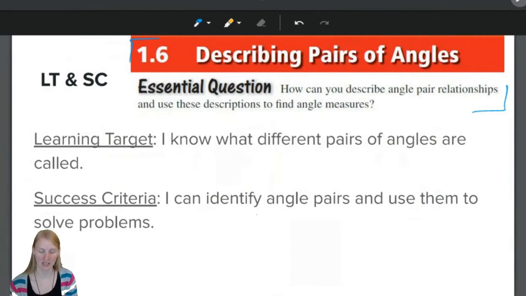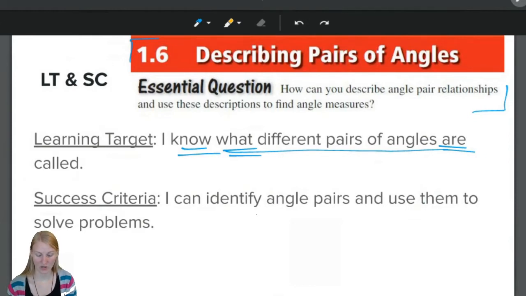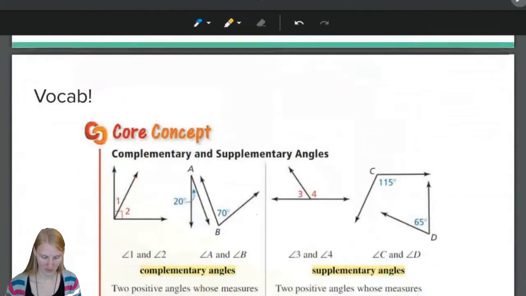So your learning target is that you know what different pairs of angles are, what they are and what they're called. And the success criteria is that you can identify angle pairs and use them to solve problems. So identify, use, solve problems. Cool. Let's jump right into it.